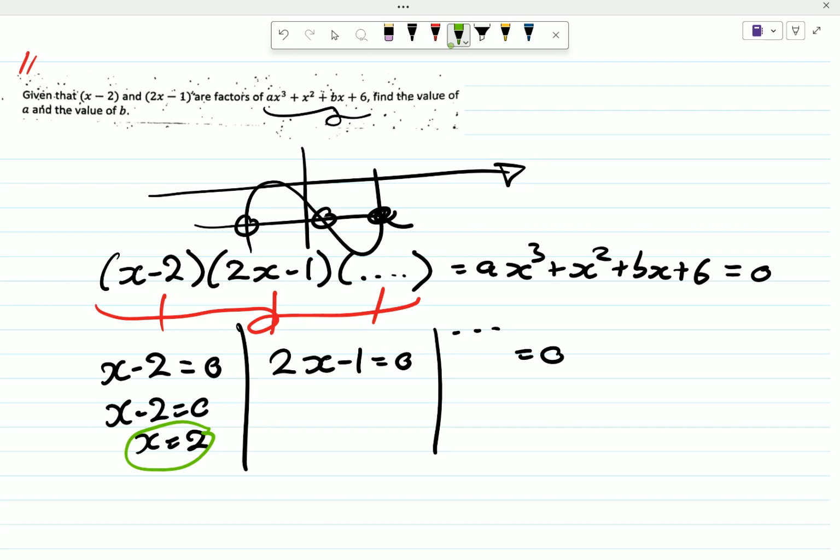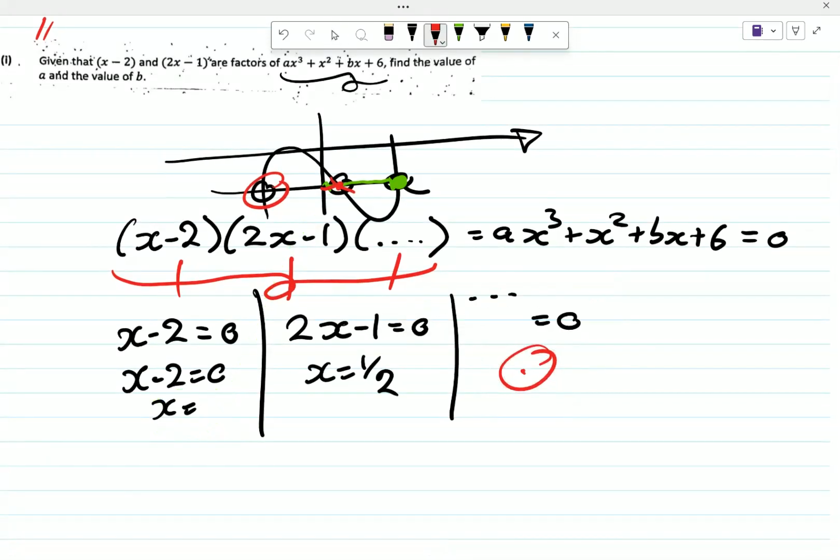This means you have to go out 2 units on the x-axis for the function to cross the x-axis and be 0. And 2x minus 1 equals 0, so x is equal to a half, and that would be here. You'd have to go half a unit for the function to cross the x-axis and be 0. And this one would probably give you that one over there.